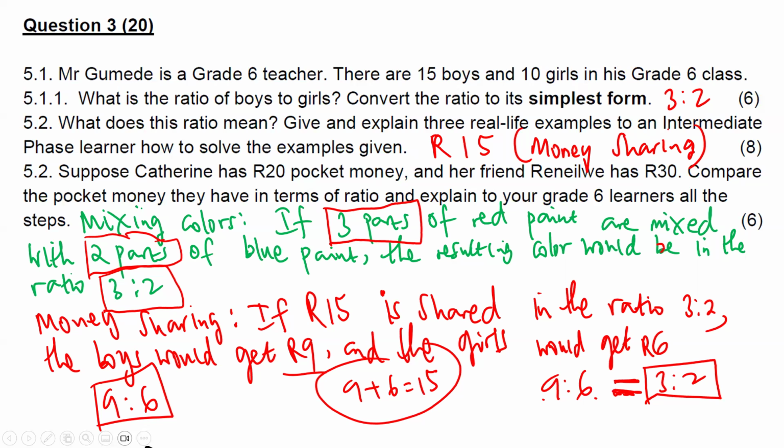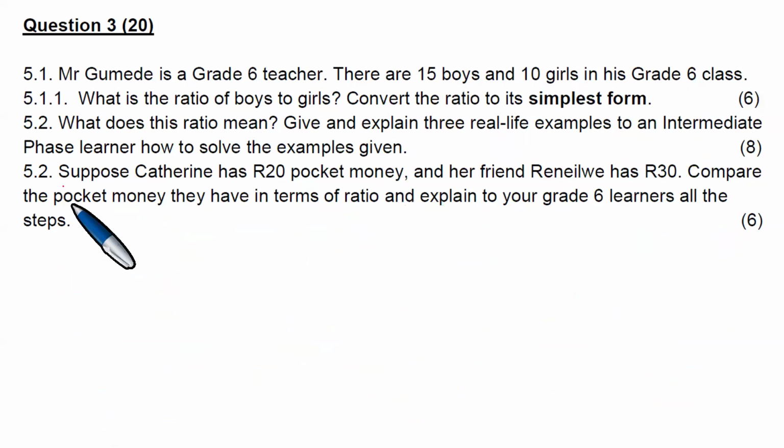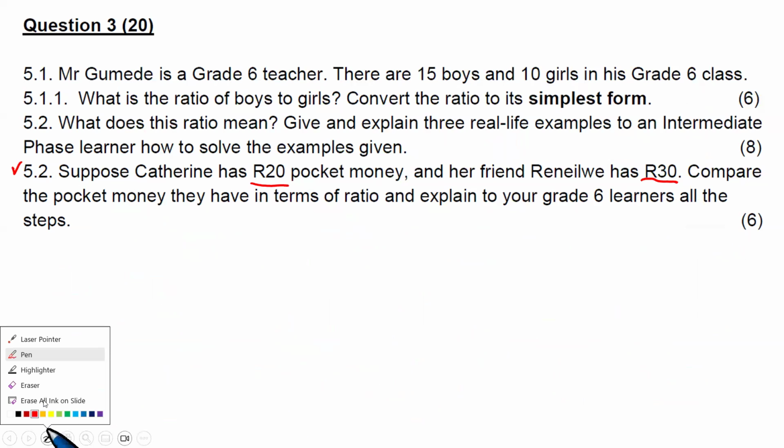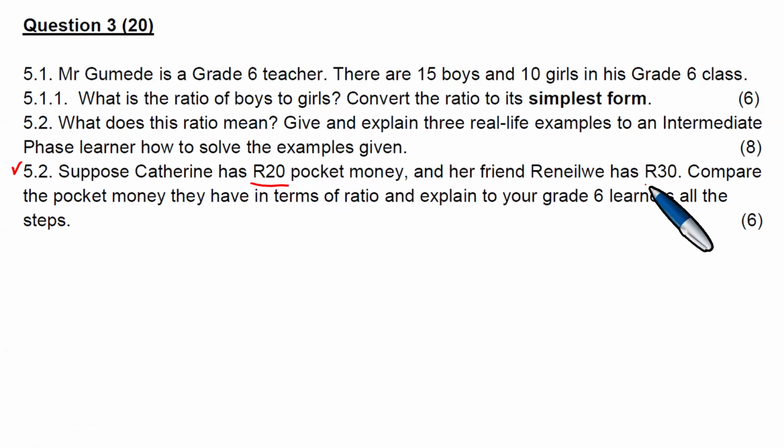So obviously now I want us to also look at Catherine 5.2. Suppose Catherine has 20 rand pocket money and her friend Renee has 30 rand pocket money.